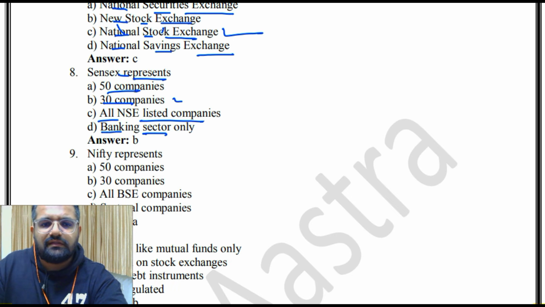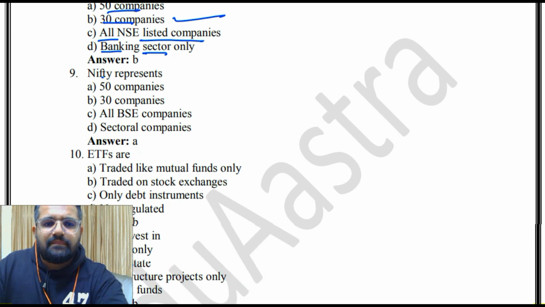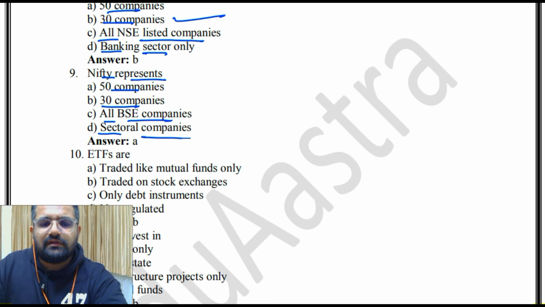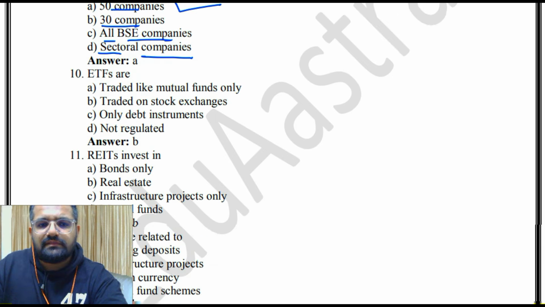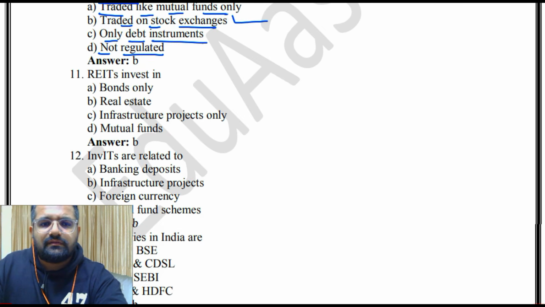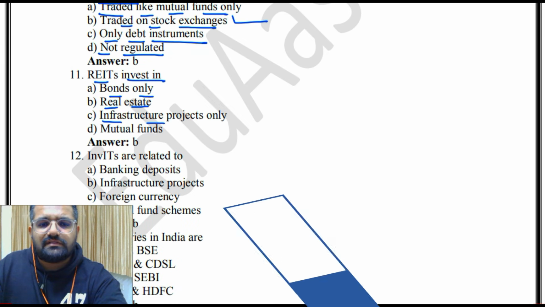So we saw 30 companies. Nifty represents 50 companies, 30 companies, all BSE companies or sectoral companies, 50 companies. ETFs are traded like mutual funds only, traded on stock exchanges only, debt instruments, non-regulated. So the answer is traded on stock exchange. Then REITs invest in bonds only, real estate, infrastructure projects only, and mutual funds.